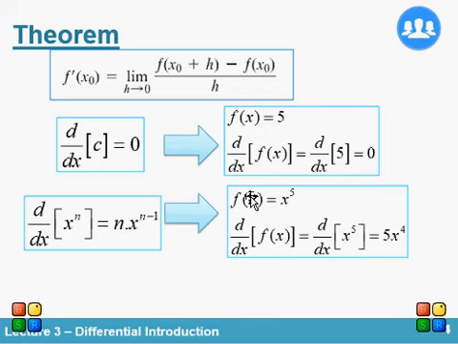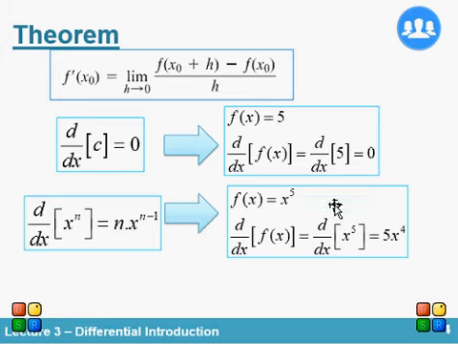Different in the second formula, f(x) equals x to the power of 5. d/dx of f(x), if we use this formula, this is the simple formula for differentiation: n multiplied by x to the power of n minus 1.